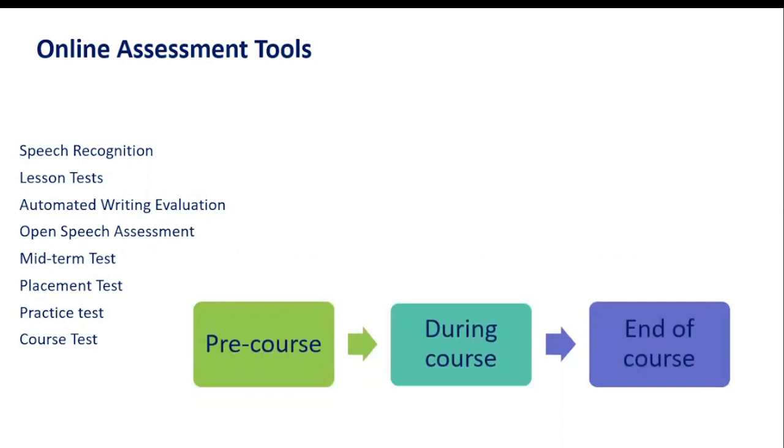Now let's see how these tools can be arranged chronologically throughout any given course. All right, so obviously for pre-course, we have the placement test. Students take a placement test before the course or on the first day of the course.